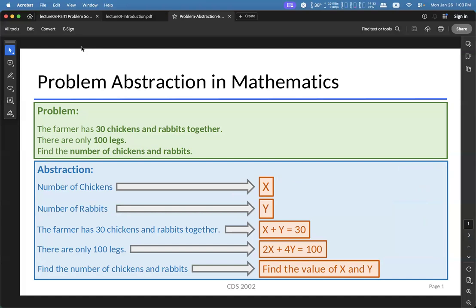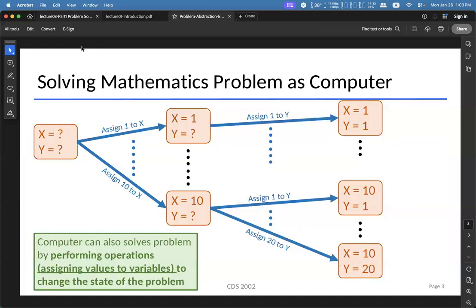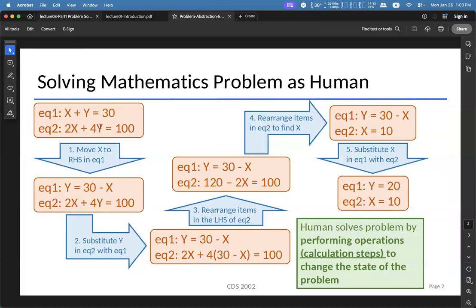Essentially what we are trying to do here is to convert the mathematical equation into a simple form like this, and then we solve it with computers. When we are solving it with computers, we are trying to figure out the x and y values that satisfy these two descriptions.